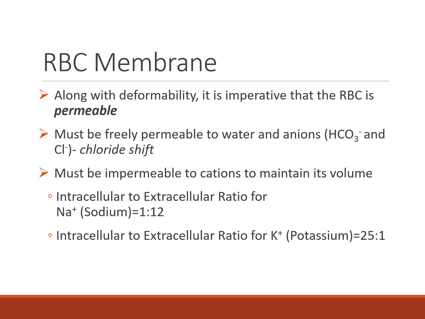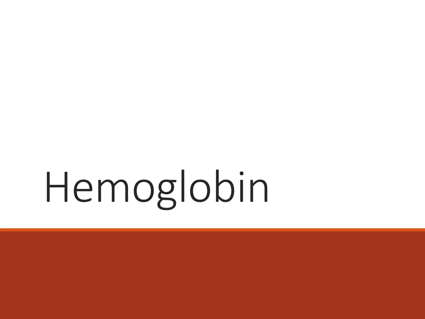We have a much, much higher ratio of potassium intracellularly than we do extracellularly. So our ratio for potassium is 25 to 1, meaning 25 intracellular parts to 1 part extracellularly. All right. So moving on from red blood cell membrane, let's talk about hemoglobin.